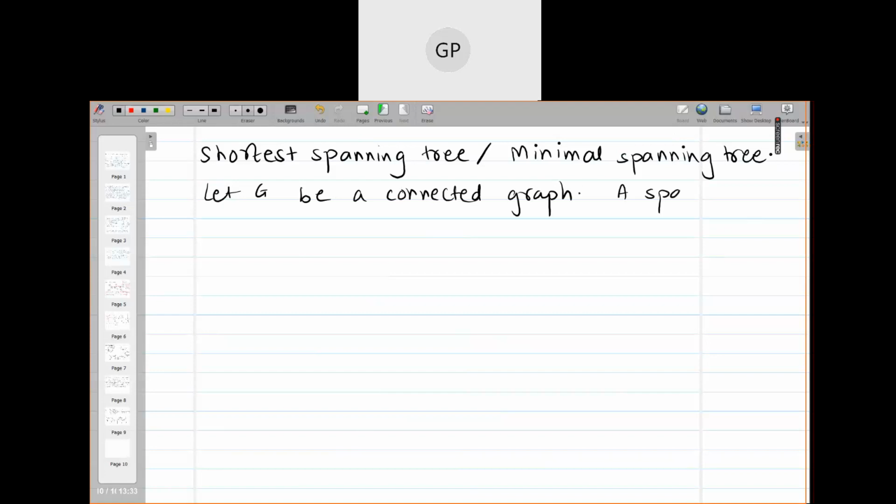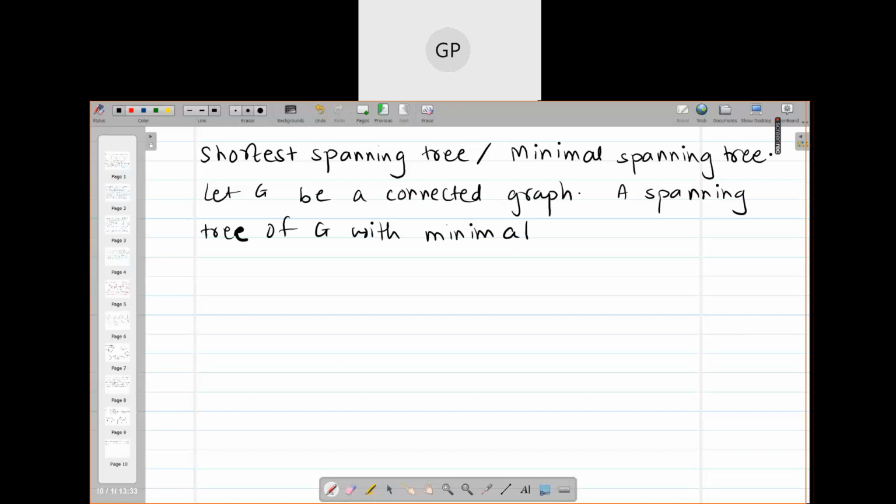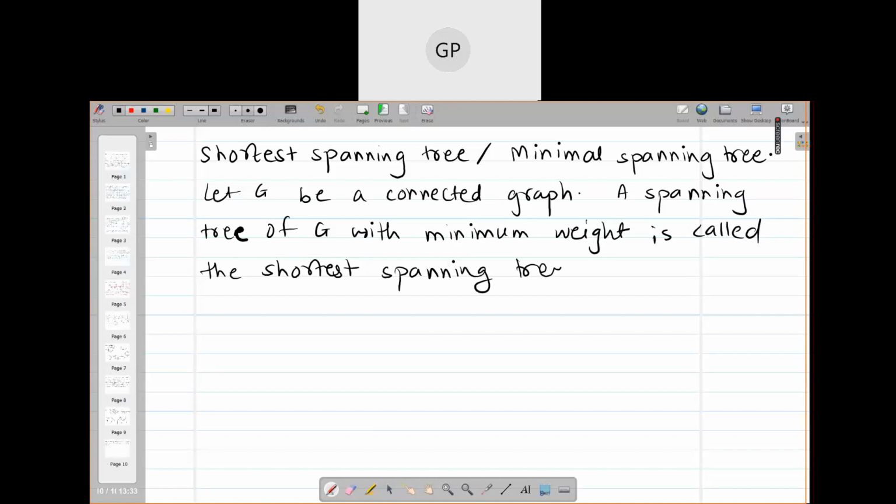A spanning tree of G with minimum weight is called the shortest spanning tree or minimal spanning tree of G.